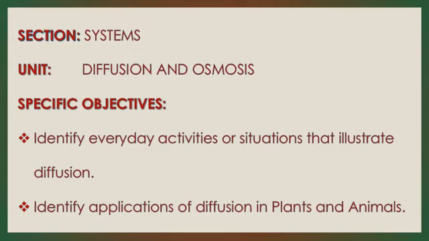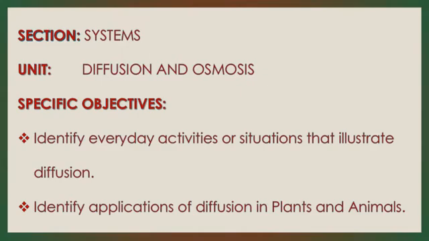Then we proceeded to look at factors that affect the rate of diffusion. Among them, we have temperature, size of molecules or particles, state of matter, concentration gradients, and the like.